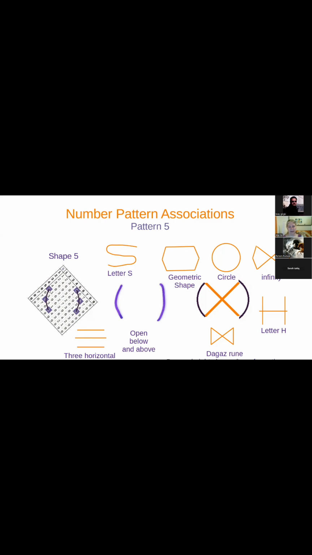It shows an S. And the geometric form we saw before in pattern 4, but this time lying on the longer side. We see a circle, we see infinity symbol, we see the letter H, as well as the daggers rune, which is a symbol for day and night change, as well as transformation.